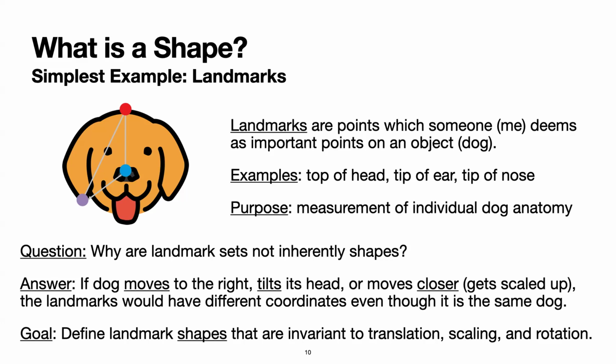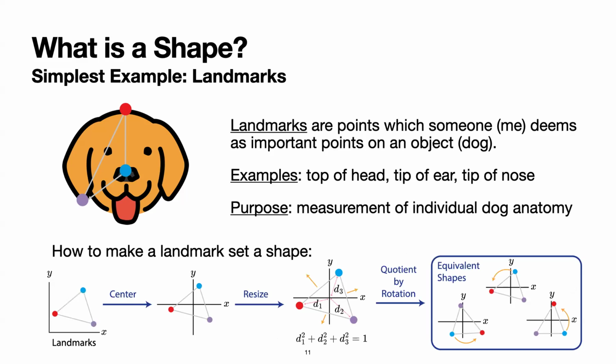So the goal is to define what we mean by landmark shapes that are invariant to translation, scaling, and rotation. And here I'll give you a little graphic of how we are able to put a landmark set into a landmark shape. So first we center the landmark set, then we scale the landmark set so that the sum of the squared distances from the origin is equal to 1.